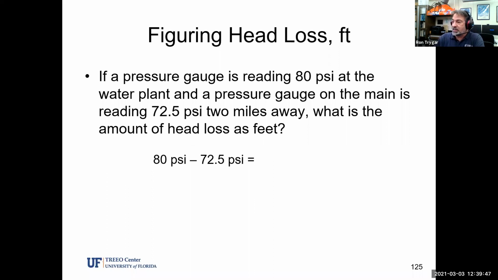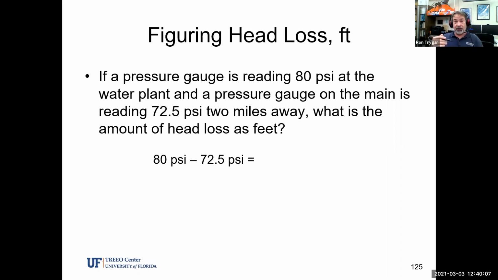So here's a question. It says, figuring head loss in feet. If a pressure gauge is reading 80 PSI at the water plant and a pressure gauge on the water main is reading 72.5 PSI at a point 2 miles away, what is the amount of head loss in feet?